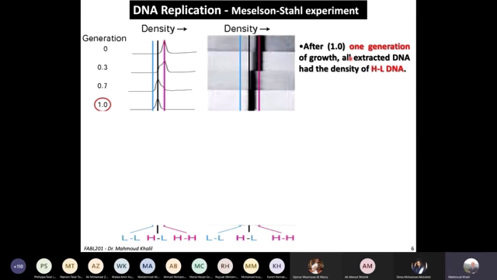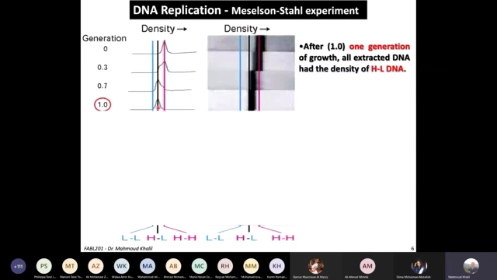That means the bacteria have duplicated one time. After one duplication, they realized the peak had disappeared in the region of heavy, and the peak appeared in the region of heavy-light.